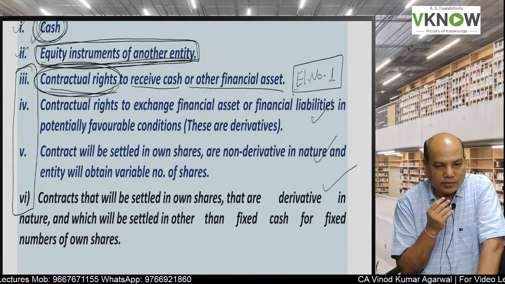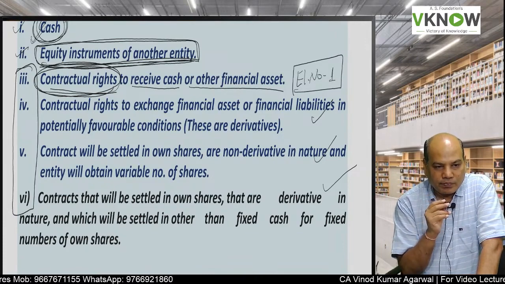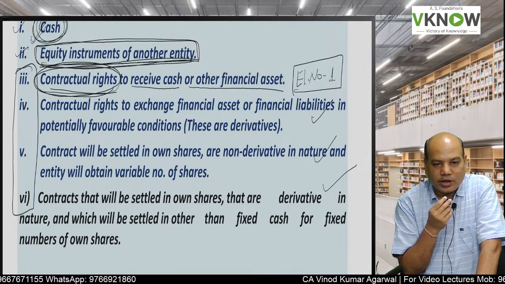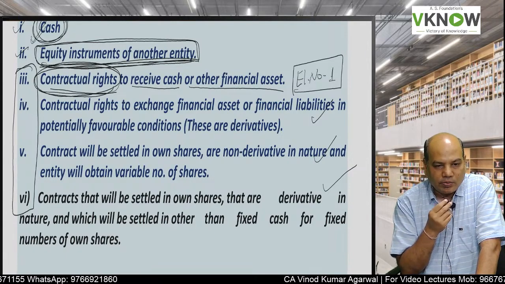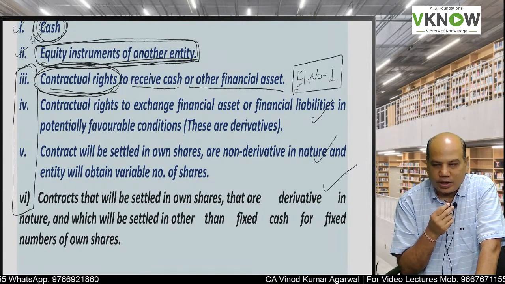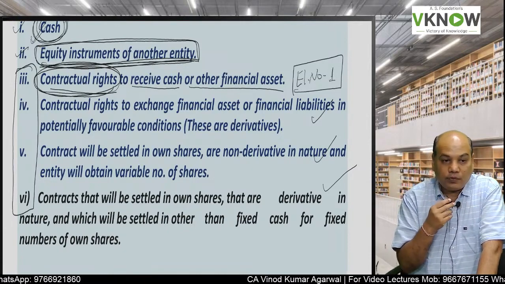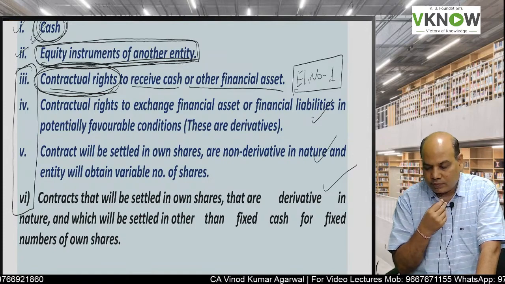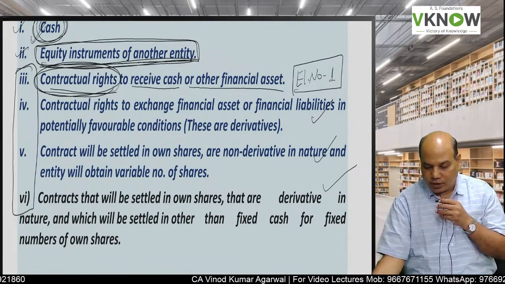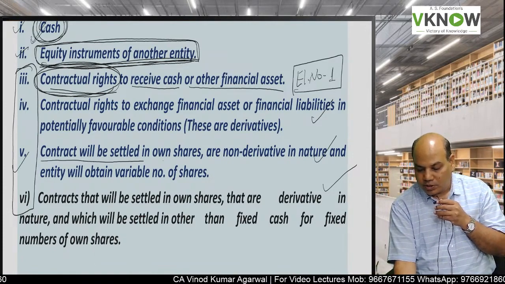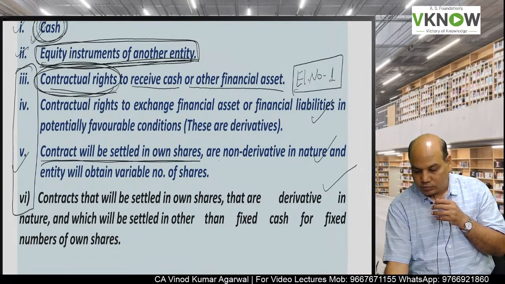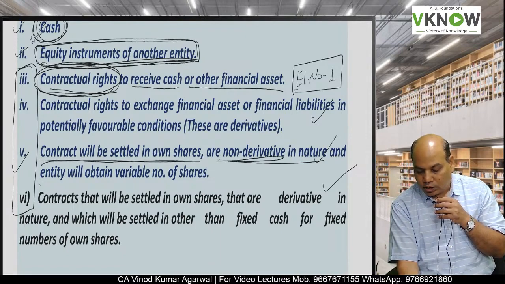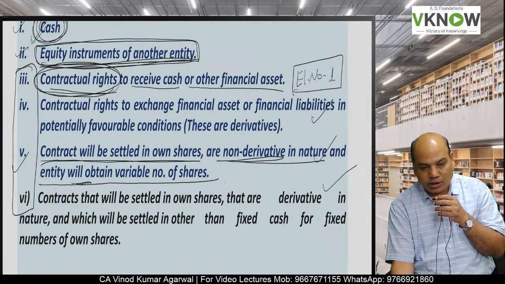These are derivatives. So for one party, a derivative would be a financial asset and for the other party the derivative would be a financial liability, because when the derivative turns favorable for one party, for the other party it turns unfavorable. The next element, number 5, is a contract which will be settled in own share, which is non-derivative in nature, and the entity will obtain a variable number of shares.